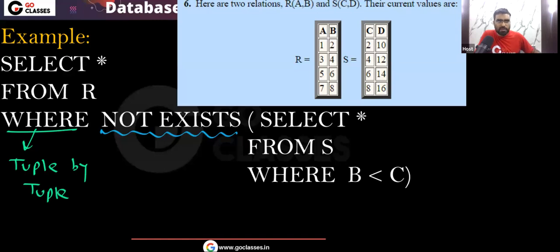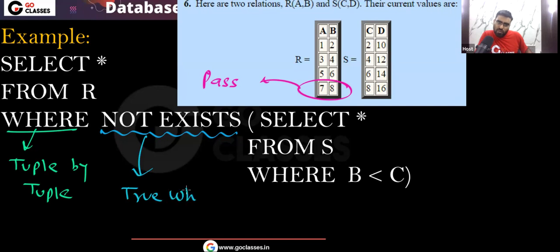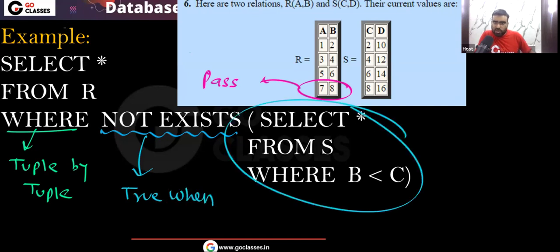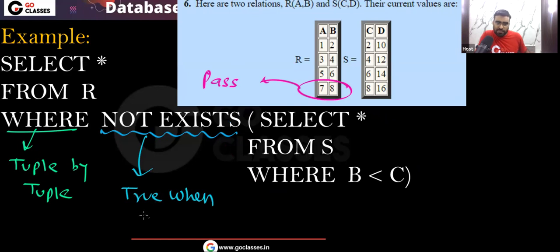This not exist will be true, this tuple will pass, when the subquery result is empty.